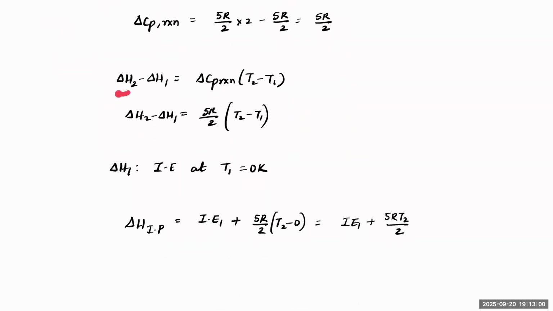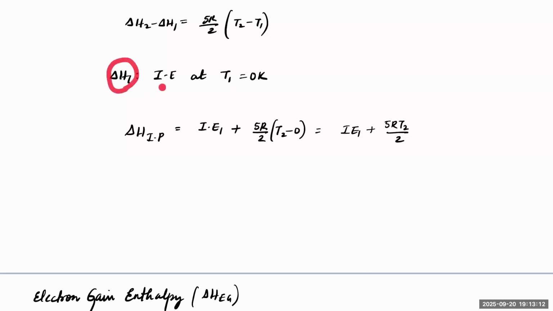Now, delta H2 minus delta H1 is equal to delta Cp into delta T. This is what we learned. So delta H2 minus delta H1 is equal to 5R by 2 into T2 minus T1. Delta H1 is the ionization energy at 0 kelvins, and the ionization potential, or ionization enthalpy, is equal to the ionization energy plus 5R by 2 into T2 minus T1.